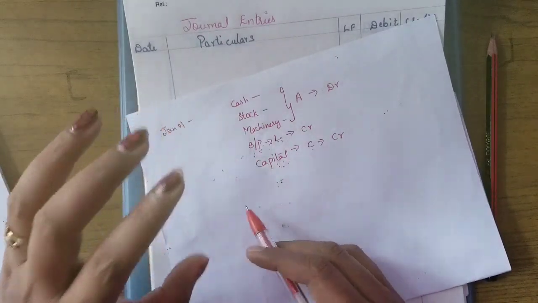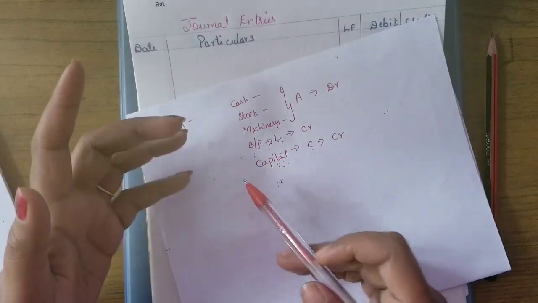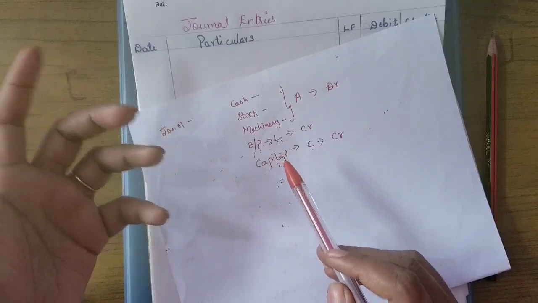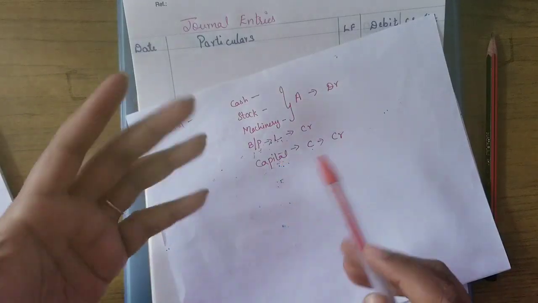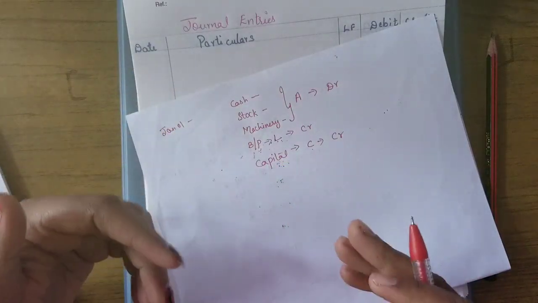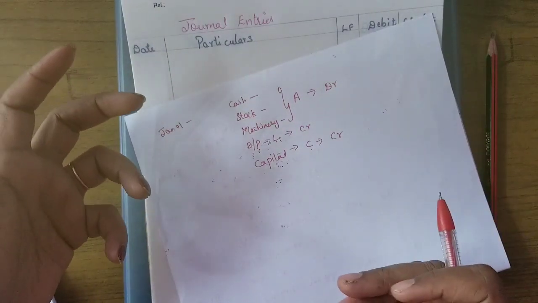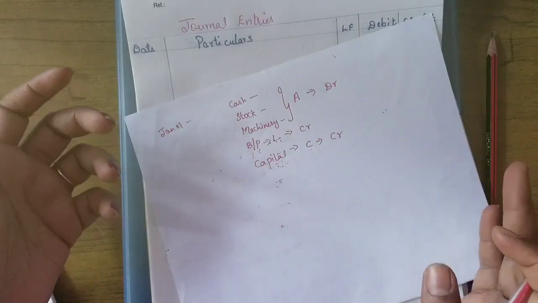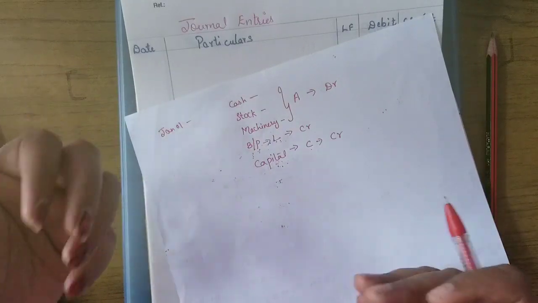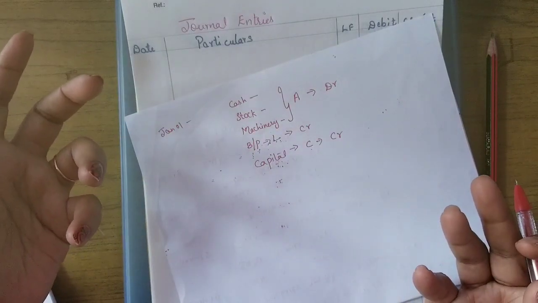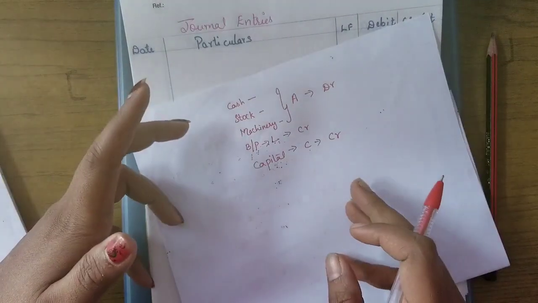So you can ask, well, when starting a business, how can they start with machinery and bills payable, since it is an initial stage? It can happen when you are purchasing an already existing business. If you are purchasing, maybe it is undergoing losses, so they are selling at a low price and you may wish to buy that particular business.